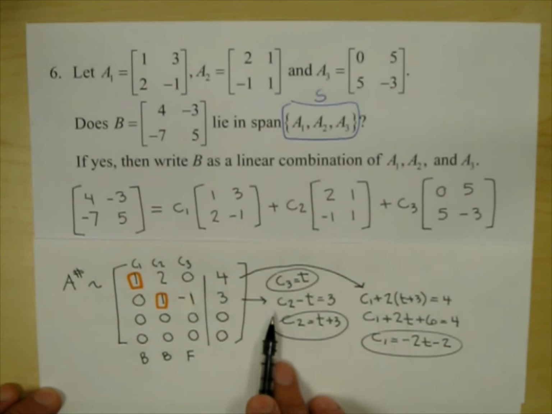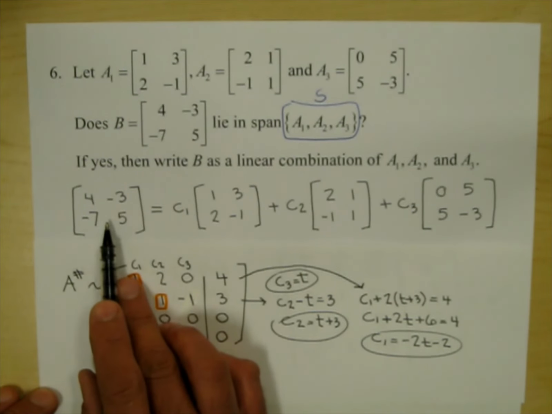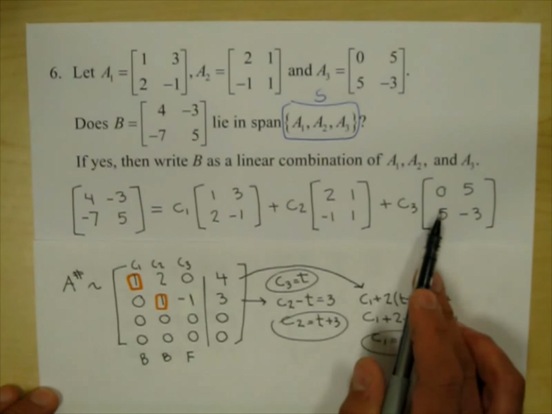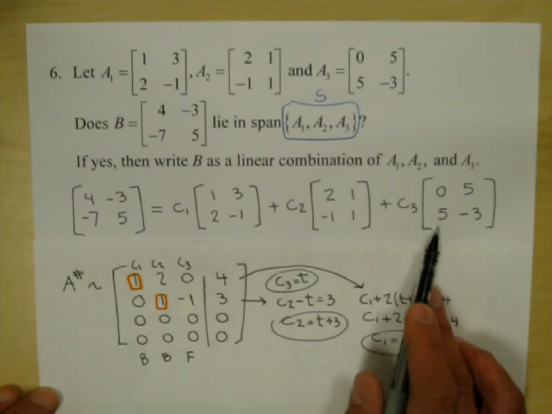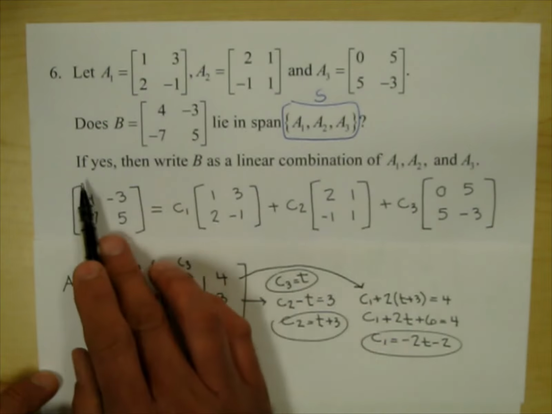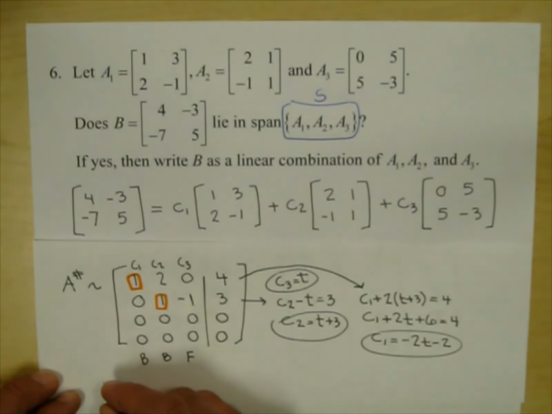In fact, we didn't just find one solution, we found infinitely many ways that we can create this matrix by mixing these guys together using linear combinations. So what I would suggest you do, because they say, okay, does it lie in the span? We're going to say yes, it does.